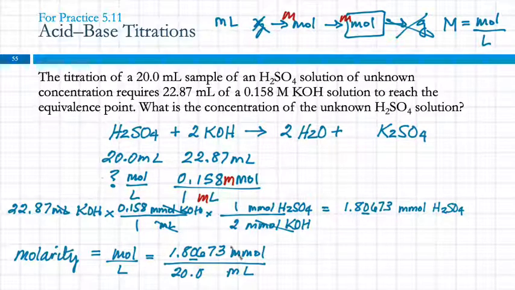I can cancel the millis out, and I'm left with moles per liter. And I didn't actually have to convert between liters and milliliters at all. So 1.80673 divided by 20.